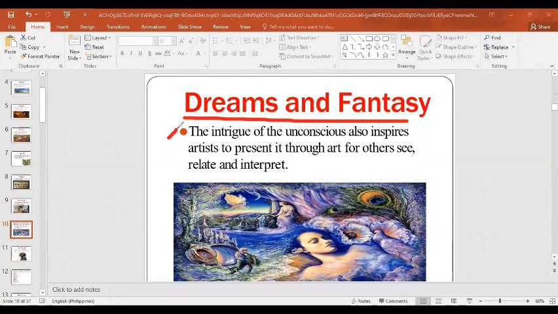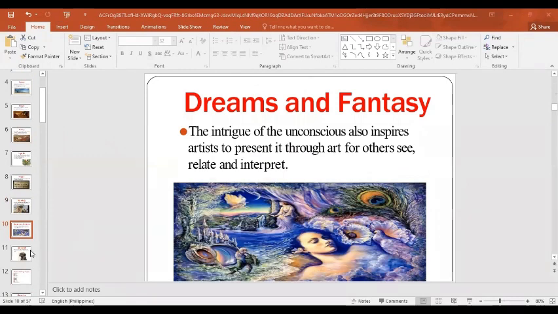The intrigue of the unconscious also inspires artists to present it through art for others to see, relate, and also interpret. Kumbaga, ginagamit natin yung imaginations natin in order for us para makapag-represent tayo ng isang art piece or artwork.